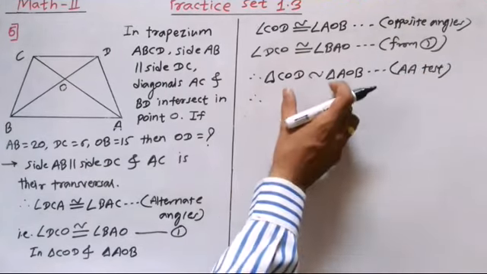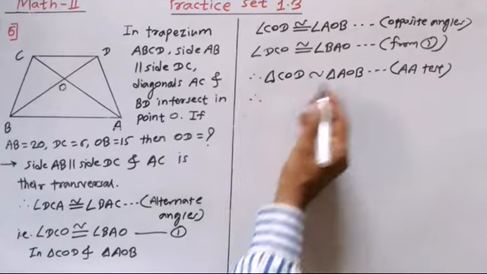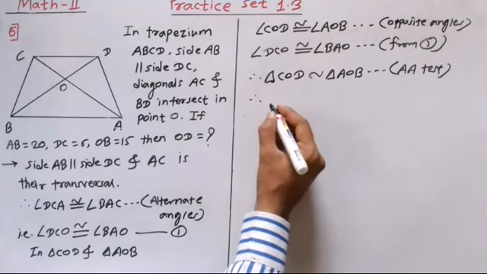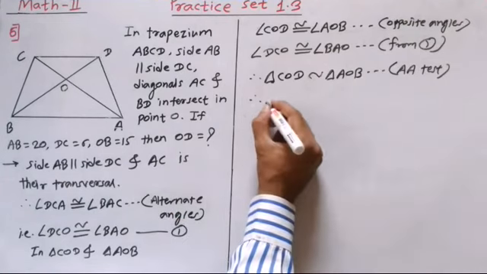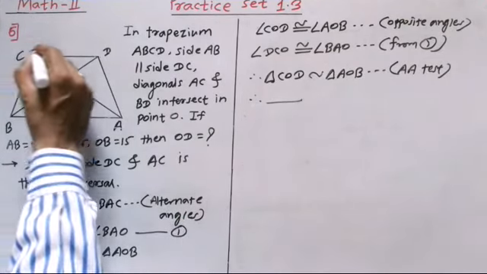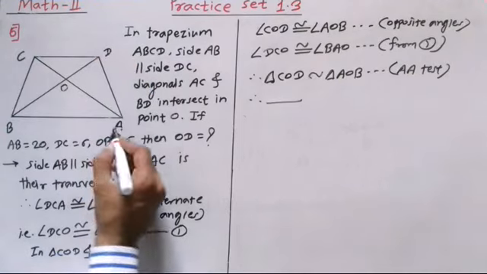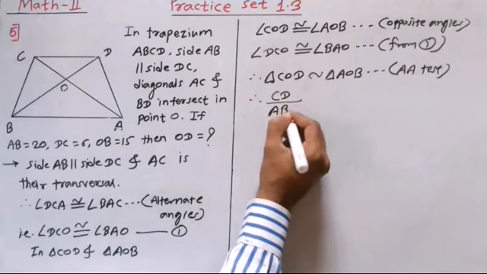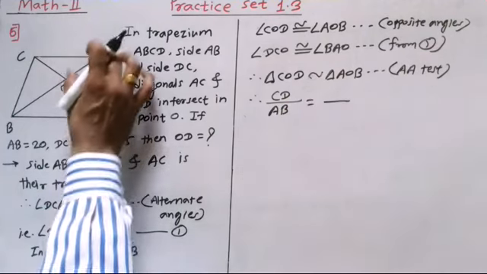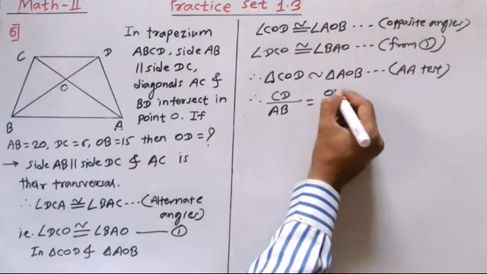Now once we show these two triangles are similar, we can take their corresponding sides in proportion. So which sides to be taken here? If we take CD, the corresponding side will be AB of another triangle. So CD upon AB is equal to OD upon OB.